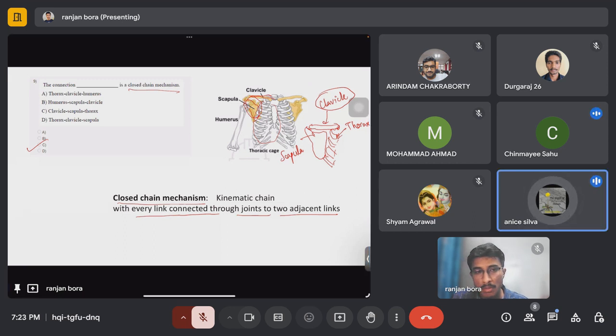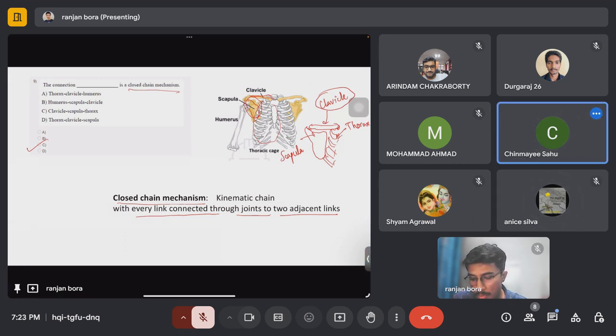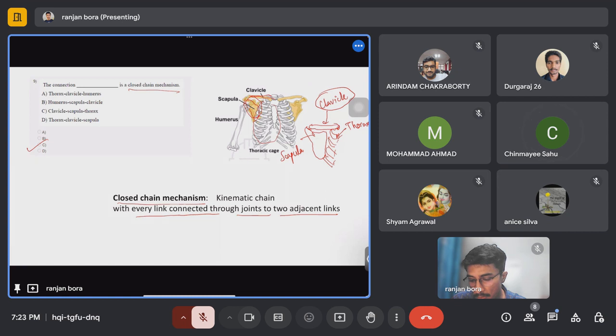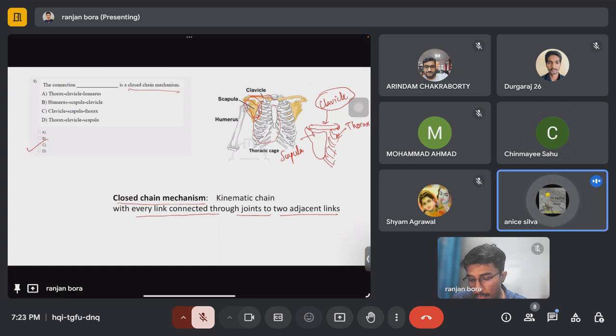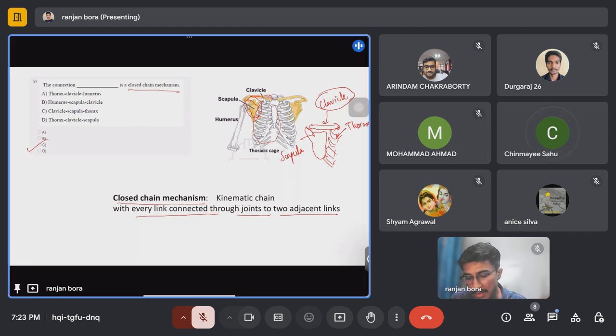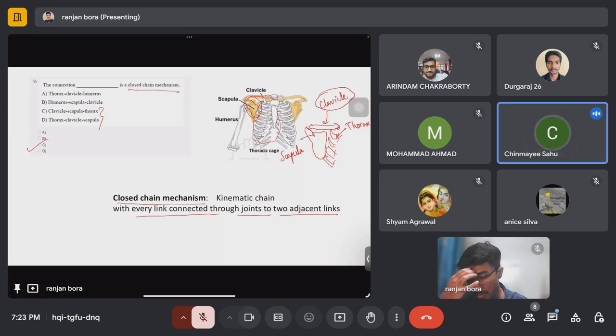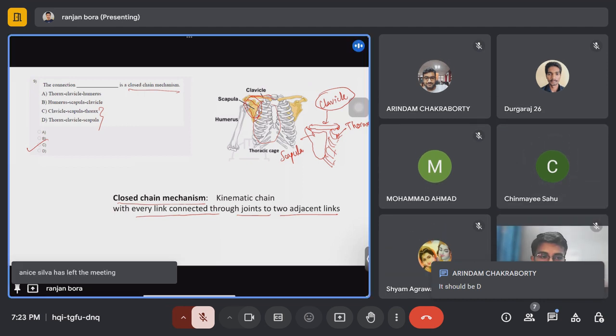Sir, why not this option D, sir? Which option? Why not the option D is right? Yeah, I will clarify this. Means I think both are same. I think there might be some mistake.